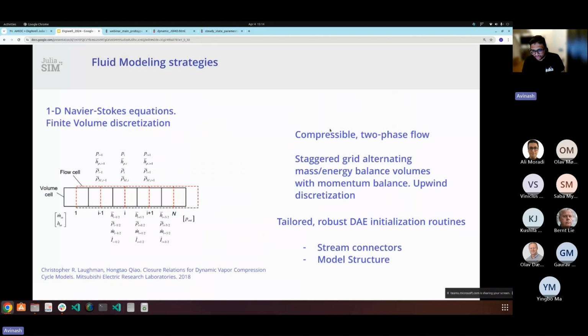We also use some CFD-related strategies like a staggered grid, in which you alternate mass and energy balances with momentum balances, and upwind discretization. And the Modelica world introduced ideas like stream connectors and model structure in order to handle these difficult thermofluid modeling problems.